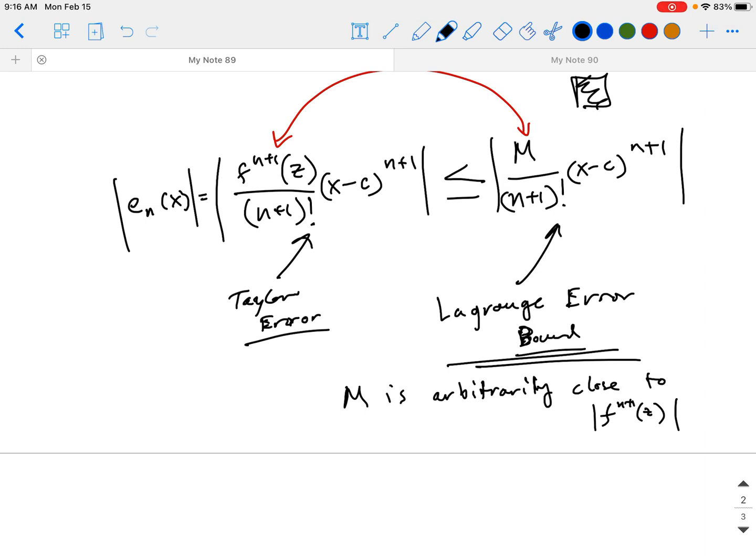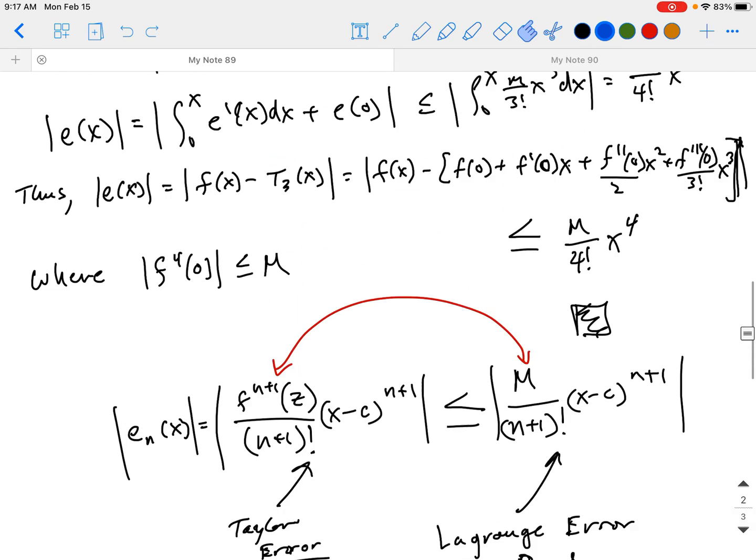Usually M is going to be something that we can guarantee is above, but it's not too far above. So M is not going to be 10,000. If we know that this derivative is bigger than 6, then we're probably going to make this slightly bigger than 6, maybe 7, maybe 6.5. It kind of depends on our confidence in what we know about the values.